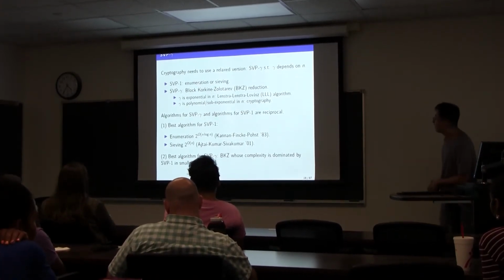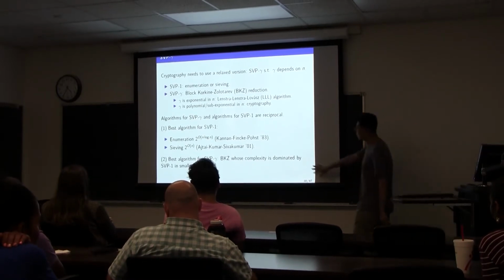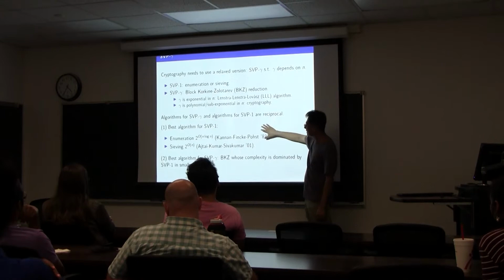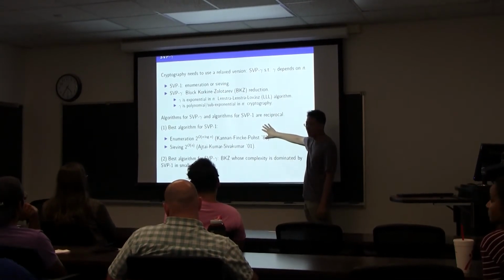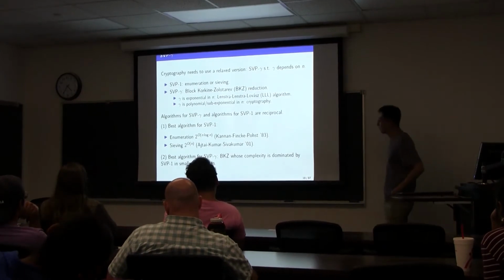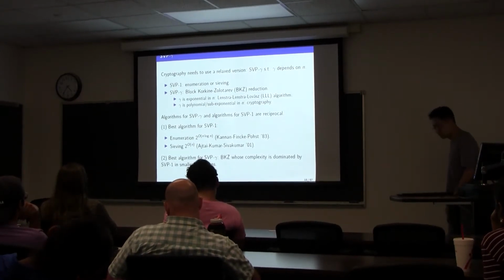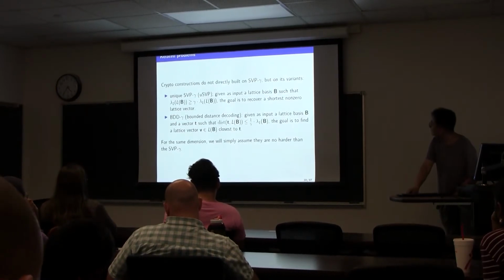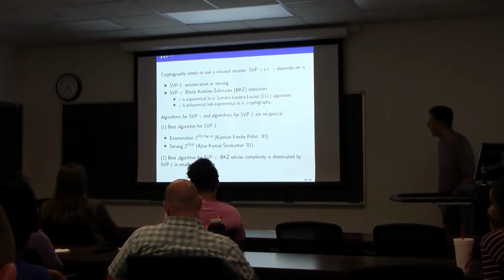And the best algorithms to solve the relaxed version usually use SVP1 oracles inside them. So these two algorithms are somehow reciprocal to each other. What do I mean by reciprocal?